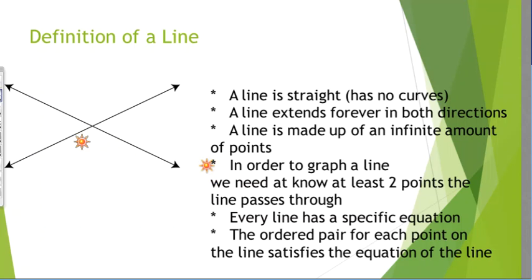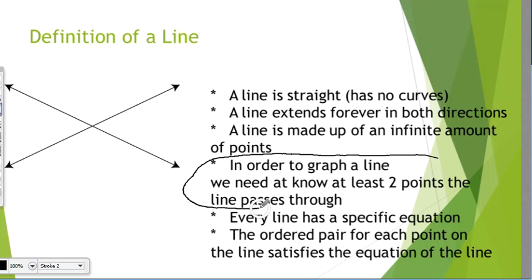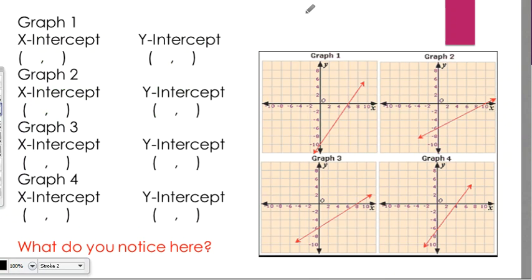And this is what we're going to be doing today. We are going to be graphing using the x and y intercepts, because if we have the x-intercept and the y-intercept, then that is going to give us at least 2 points that the line passes through. So let's go ahead and look at these graphs here that we have to the right.